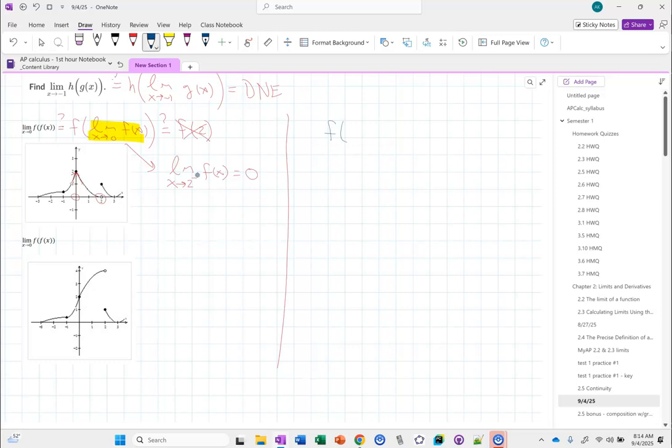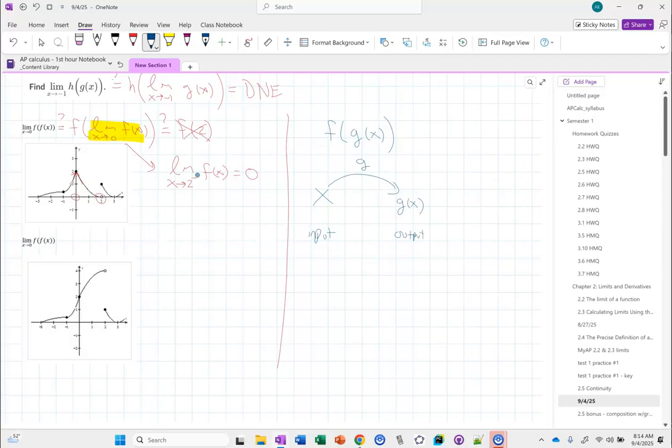So if we have just some composition, f of g of x, right? What's going on is you have some x value, you apply the function g to it to get some y value, g of x, right? Or this is like an input and this is an output.